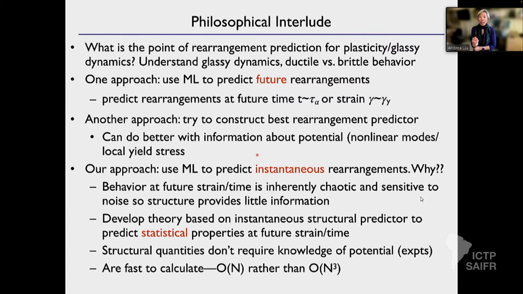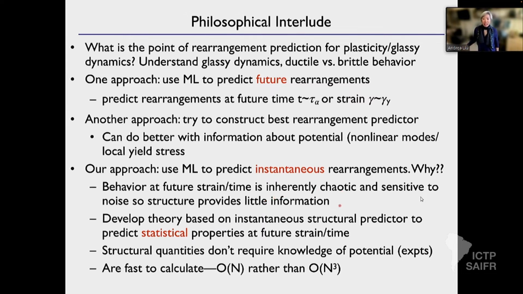Let me explain why we have chosen to do things this way. The point is that if you want to predict what happens at a much later time or a much later strain, the behavior from now until then is inherently chaotic. Therefore, it's incredibly sensitive to noise, and so the structure doesn't actually provide much information about what's going on.